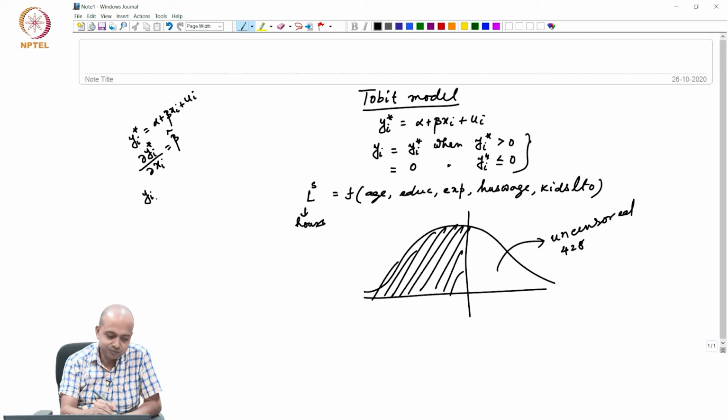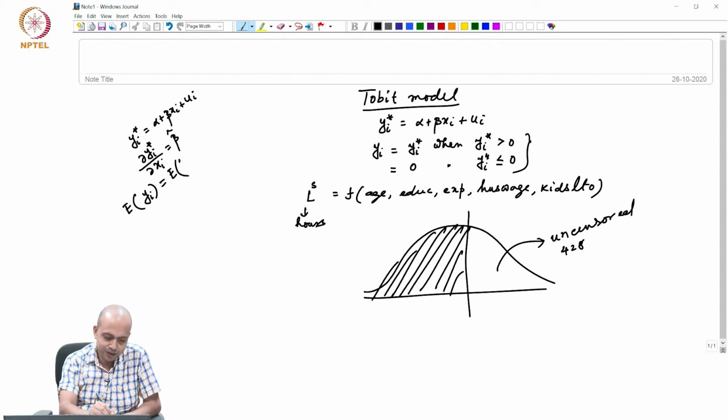So, first let us see what the expectation of yi is. There are two expectations.